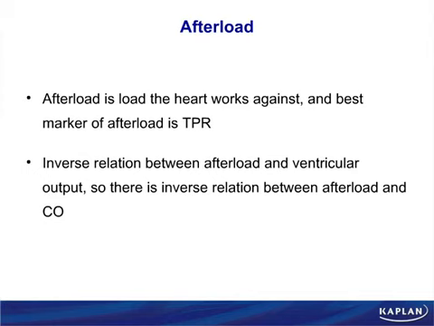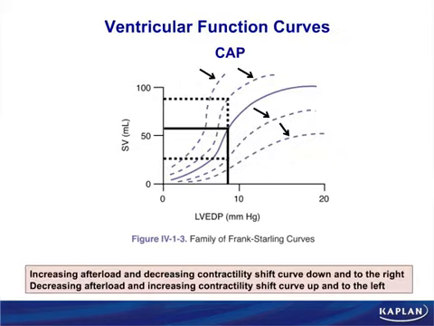Now, how do I know these things about contractility and afterload? Well, let's look at the next slide to remind ourselves. We know this relationship because of what we discussed in section 4. Ventricular function curves. Yes, absolutely. Ventricular function curves are Frank-Starling curves, and we can shift that curve up.